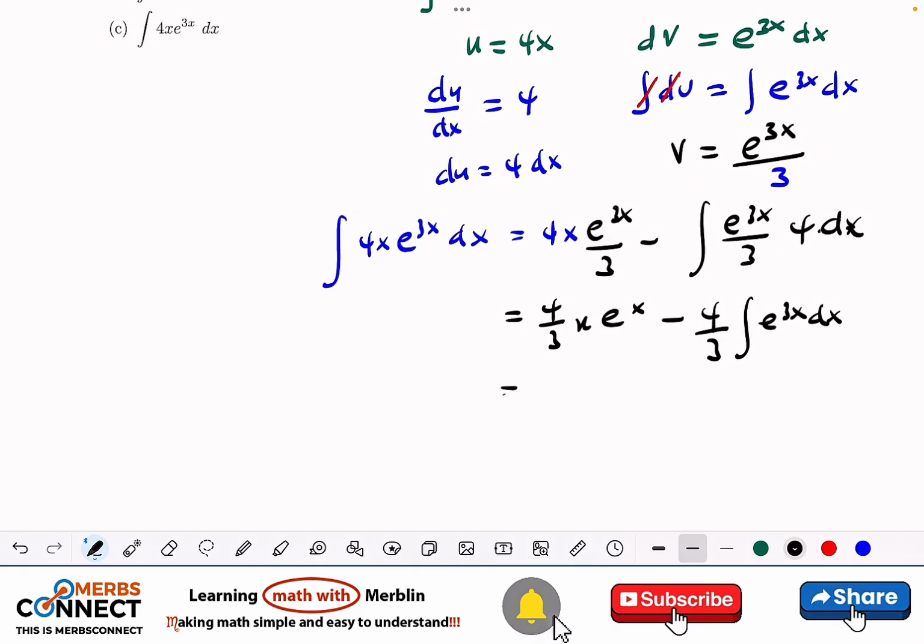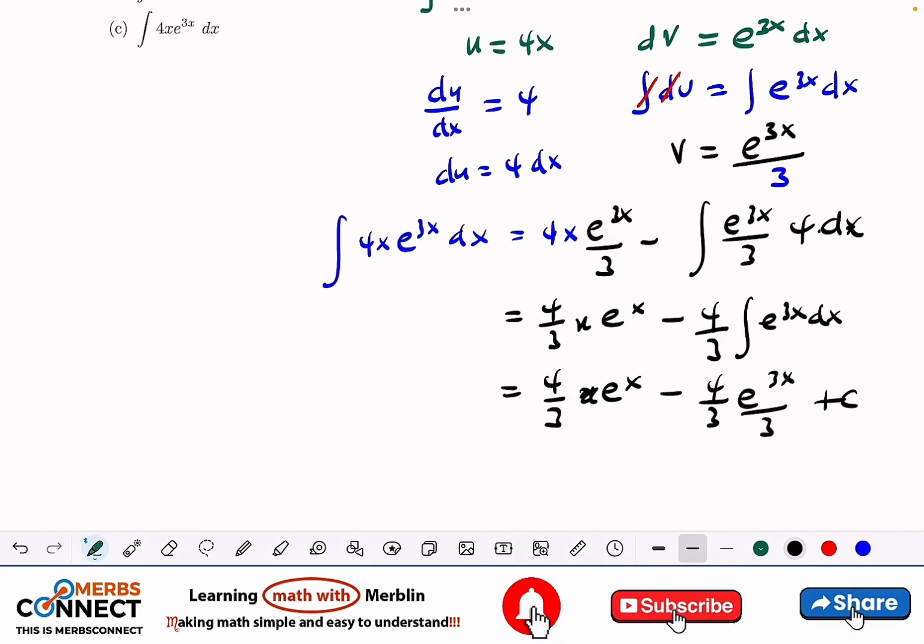So finally, we are going to write our final answer very big because we are so tired, and we've gone through this long journey, plus c. So now we are done with the integration, so we can add plus c. So our final result, we are going to write very big, then we'll put a box on it.